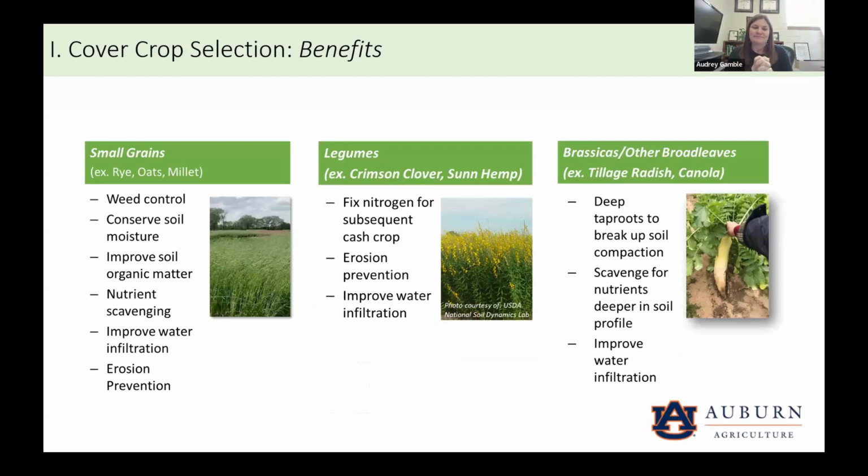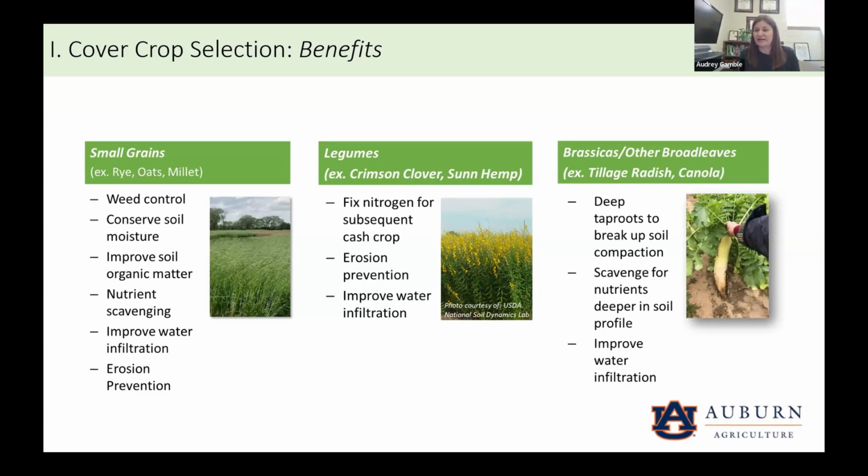So again, small grains and grasses, these are going to be a really nice cover crop in order to get a level of biomass that we can use to suppress weeds, conserve soil moisture, improve organic matter. They have really prolific root systems. So rye and oat roots, for example, they'll grow 4 or 5 feet deep into the soil.